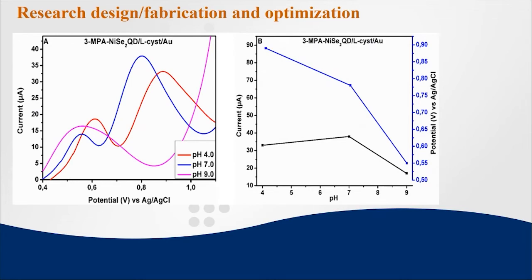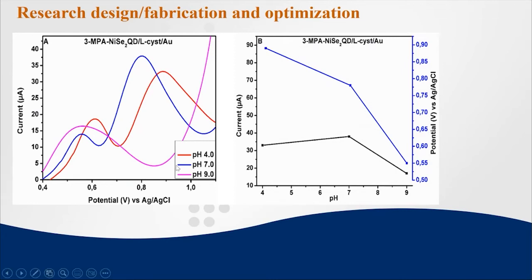And it's very important to know which pH is suitable for our system. This is our system. Yes, there are already reported studies about sensors, but not specifically for this type of material we're using. The reason we are optimizing this work is because we are trying to make it our own.